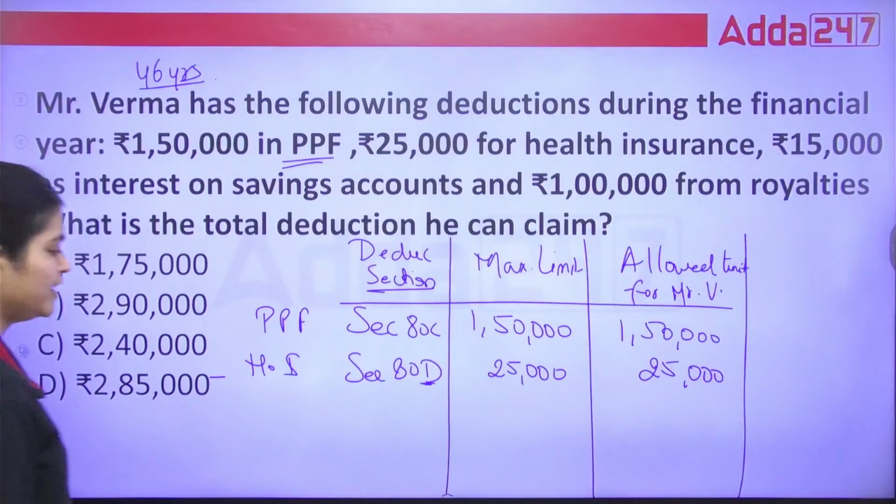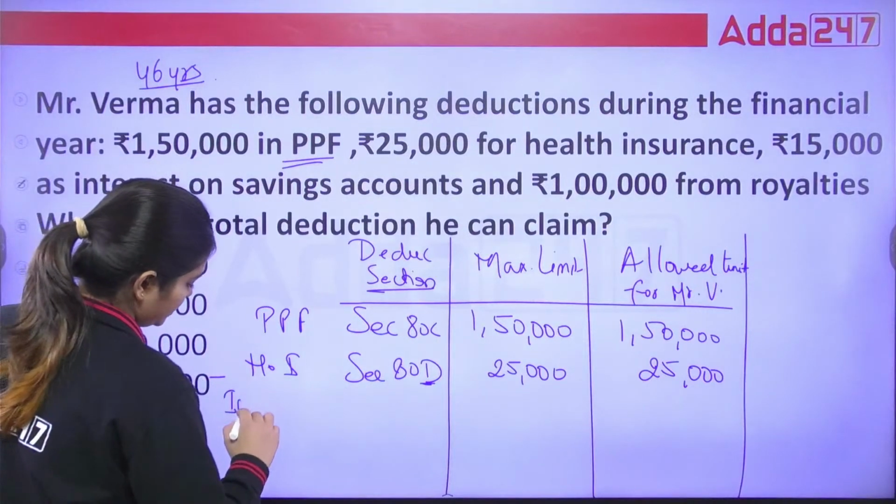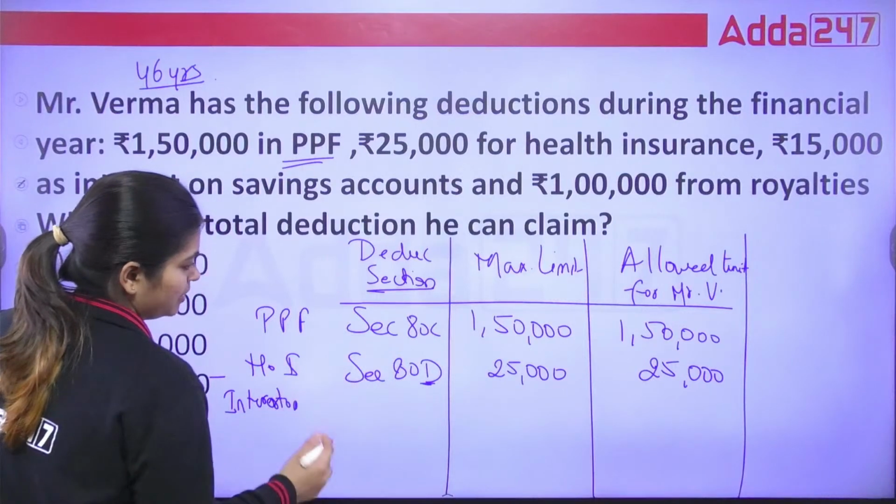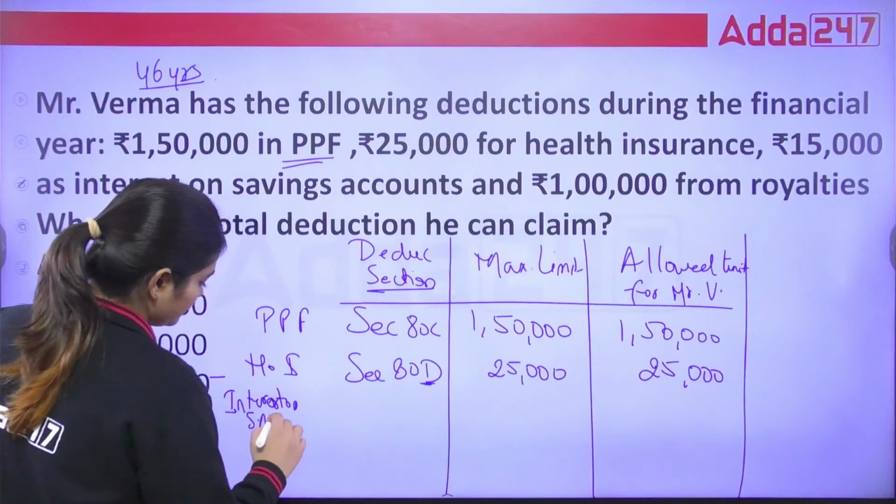Tell me fast. If yes, then do tell me the section number. What is the limit?